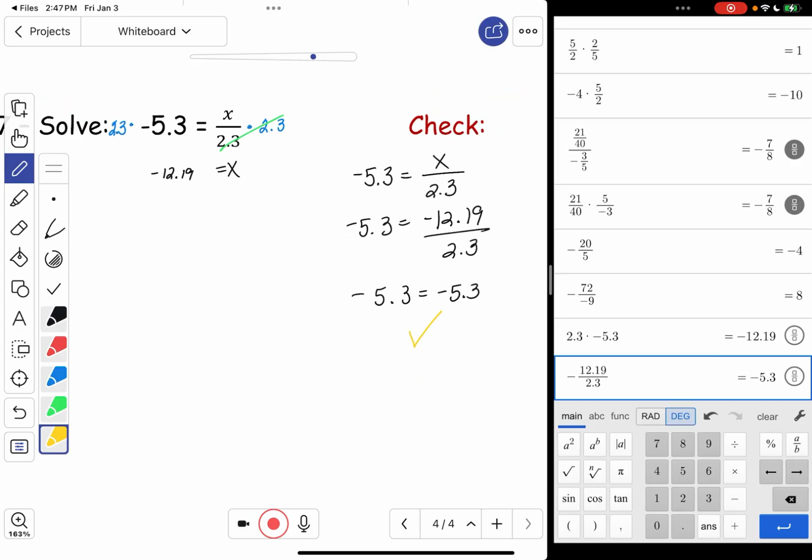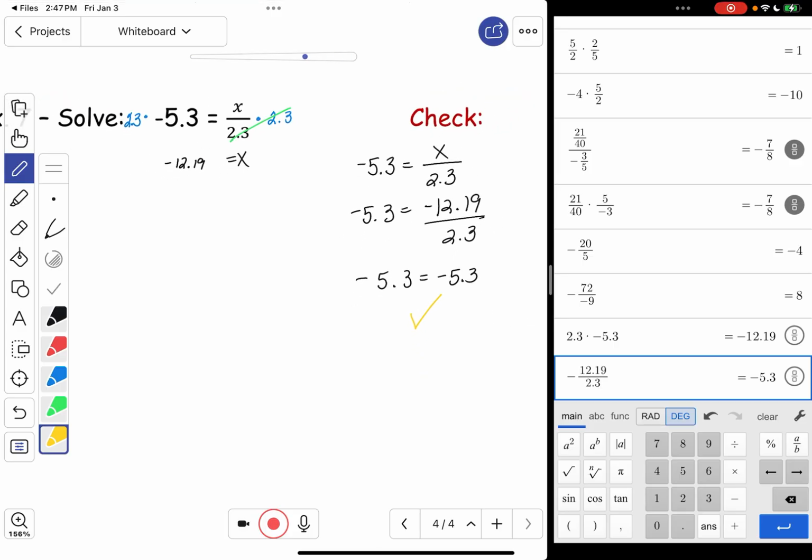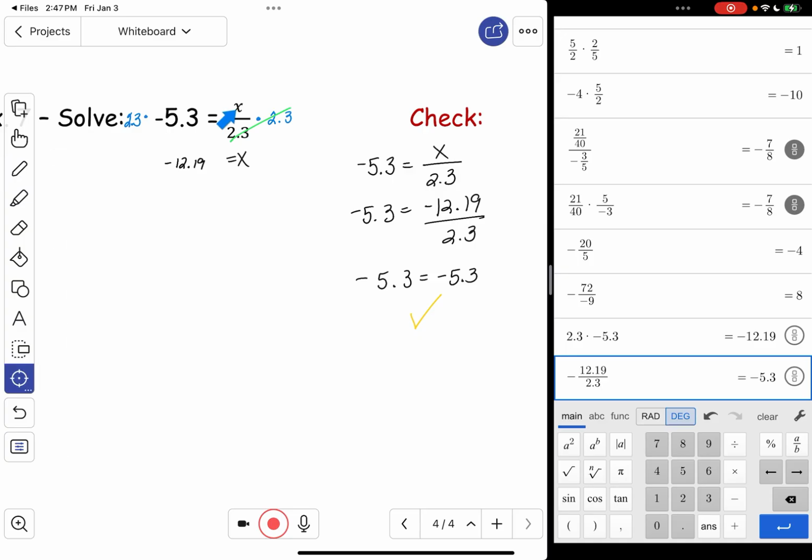So there are several examples of multiplication and division equations. I can't show you every single thing that might possibly come up, but remember, your idea is to find your variable, identify what operation is happening in the equation, and then do the inverse operation to isolate the variable.